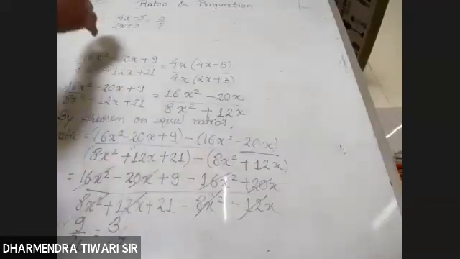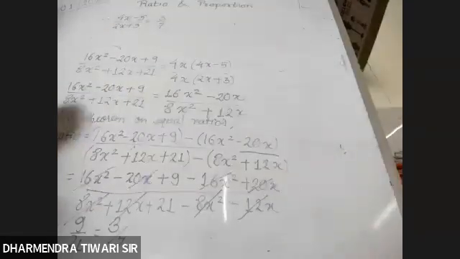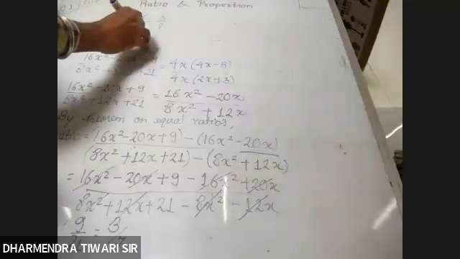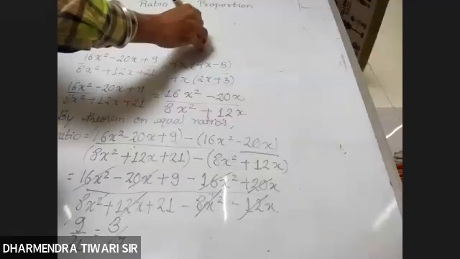Just cross multiply this. As we want to get the value of x, what will we do? 7 into 4x minus 5 equals 3 into 2x plus 3.